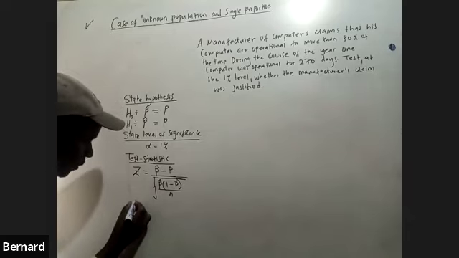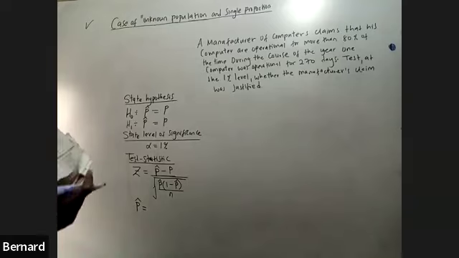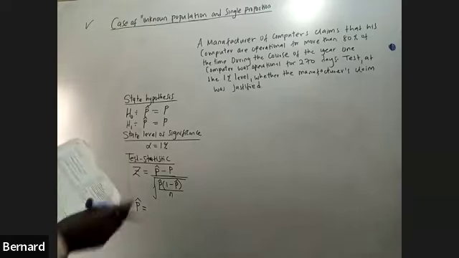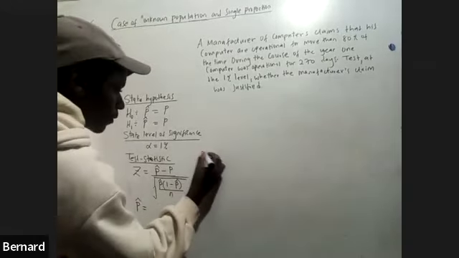Now, wametuambia kwa swali yetu that 80%: the manufacturer of computers claims that his computers are operational for more than 80% of the lifetime. So that one is P. So P is 80%.